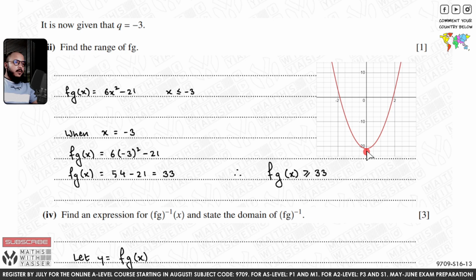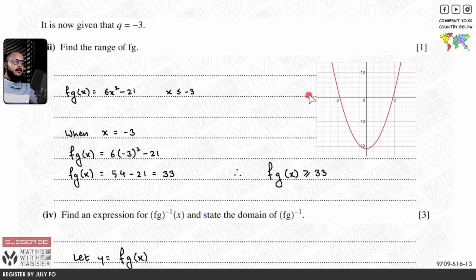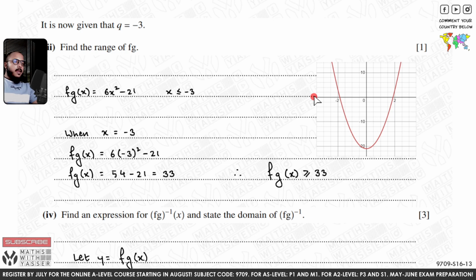This is what you need to think of. So when x is -3, that means -3 must be on the left side of this graph. It will be over here somewhere, and we can see that the graph is going upwards since this is a positive quadratic equation.